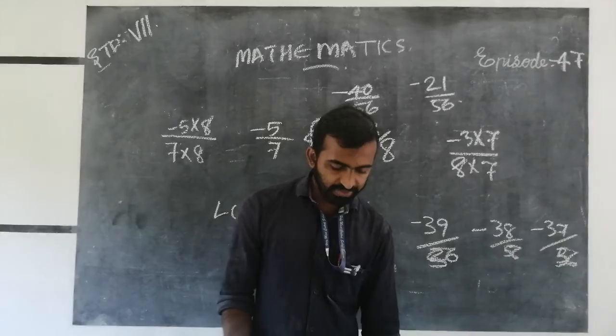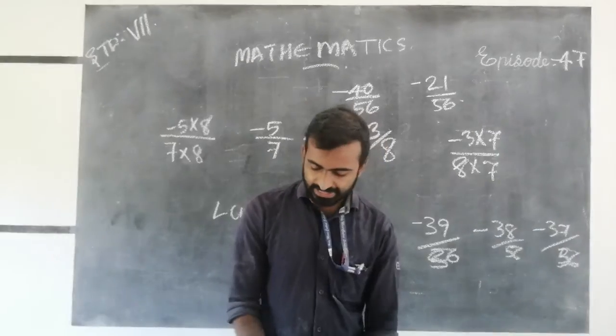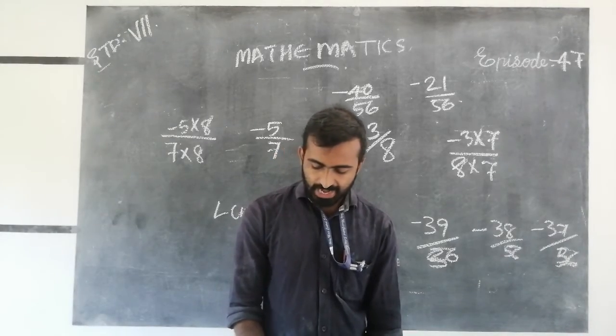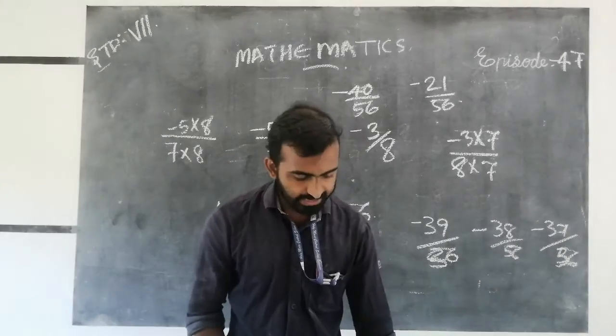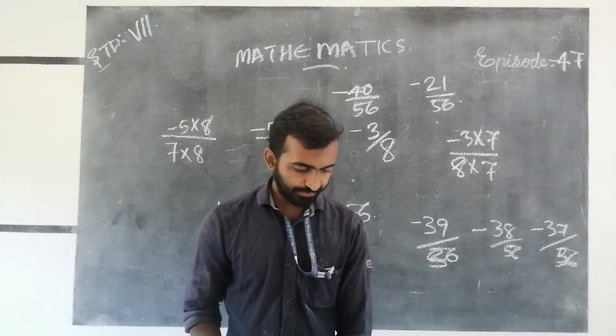Generally, what can we say? We can find unlimited rational numbers between any two rational numbers.